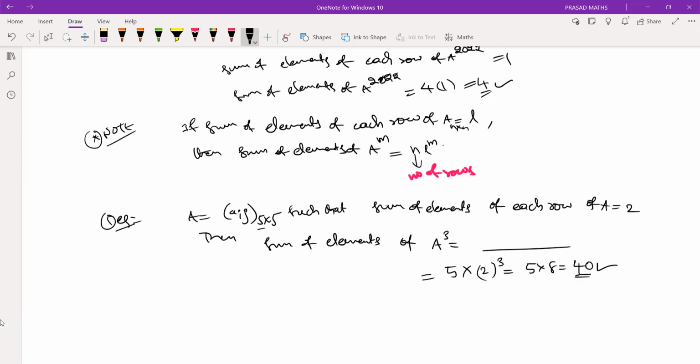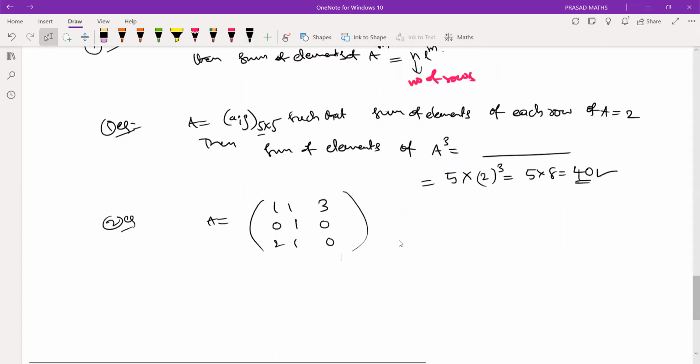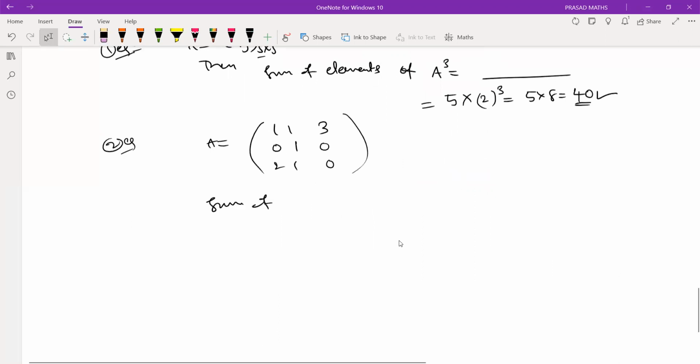Right? Suppose you're given a question like this. A is equal to 0, 1, 1, 3; 0, 1, 0, 2, 1, 0. What is the sum of elements of A power 3?